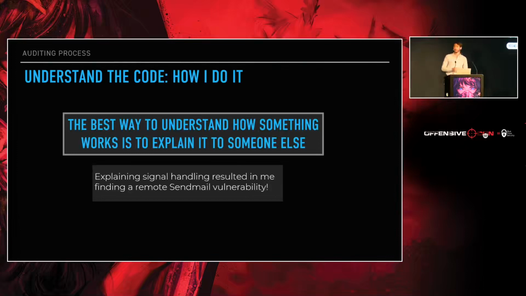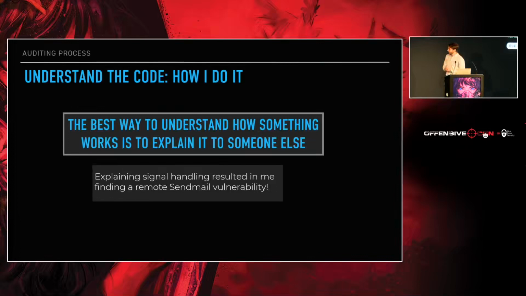When you understand something for yourself, you take mental shortcuts that you don't really notice. When you're forced to write it down or explain it to someone else, they'll ask you questions where you realize you have no idea and that there's a blind spot in there.